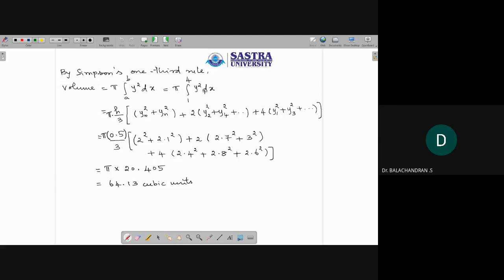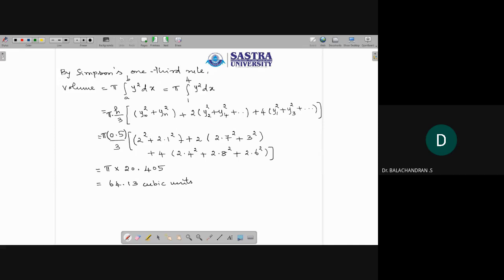Simpson's one-third rule formula is h by 3 into y0 squared plus yn squared, plus 2 times y2 squared plus y4 squared and so on, plus 4 times y1 squared, y3 squared and so on.